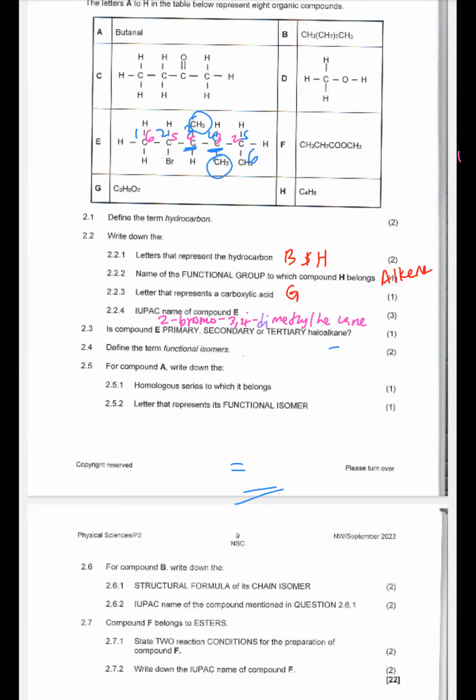Okay, back to our control question. Is compound E primary, secondary, or tertiary? Secondary. Give a reason for your answer.